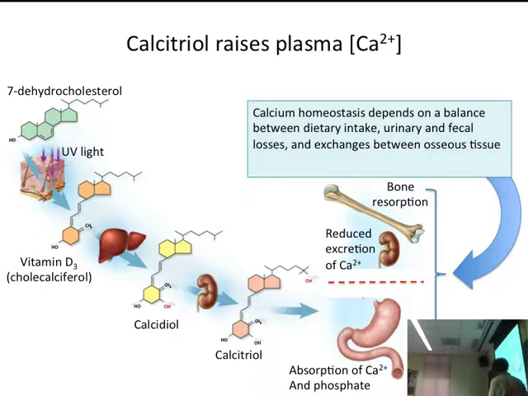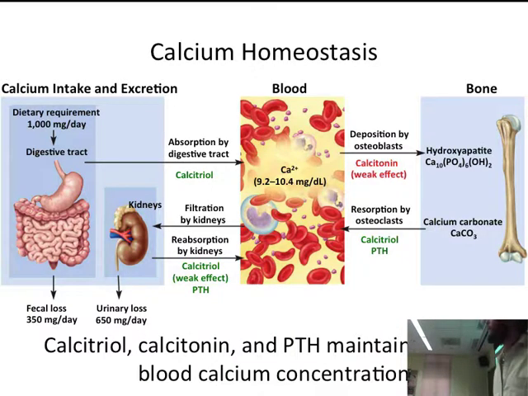The other source of calcitriol is in the diet. We eat food that has vitamin D3 in it. Milk here in northern climates where people don't get as much exposure to the light is fortified with vitamin D, just to make sure that you have an adequate dietary source of vitamin D. Okay, so here's sort of a synthesis slide.